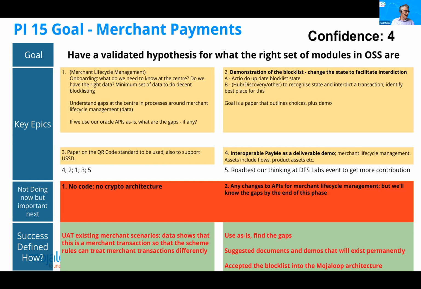And we want to understand the gaps at the center in the processes around merchant lifecycle management. We think that we can use ALS and the Oracle APIs as is. If not, what are the gaps? What do we need to extend it to support that merchant lifecycle management piece? So Epic 1 is all about onboarding, really, onboarding a merchant onto the system.